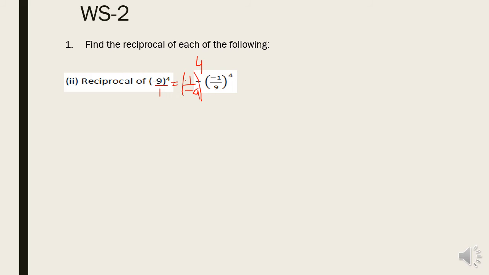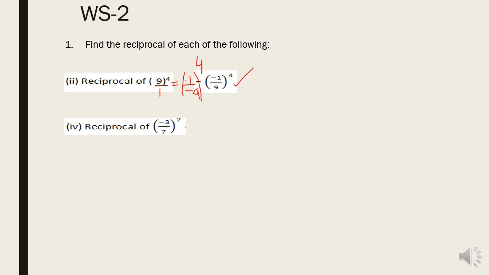Because the denominator is having a negative sign, I can shift this negative sign to the numerator. Hence, I'll get (-1 upon 9)^4 as reciprocal of (-9)^4. Fourth part, reciprocal of (-3 by 7)^7.